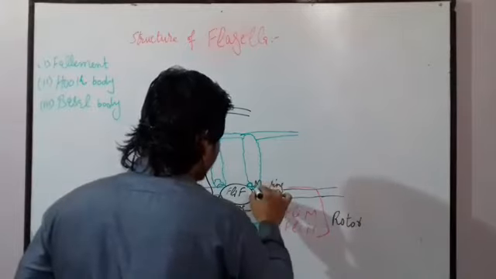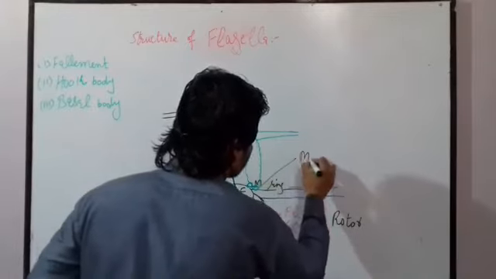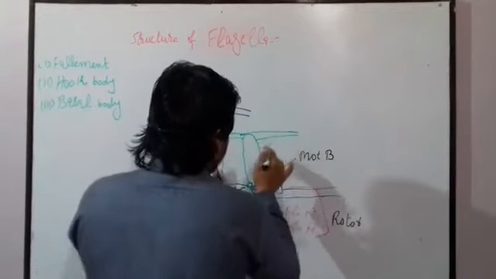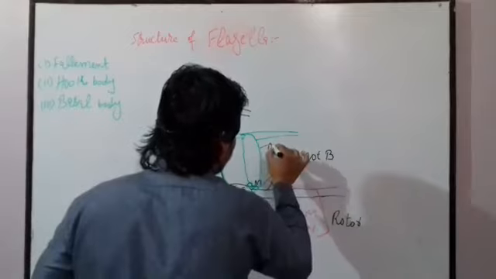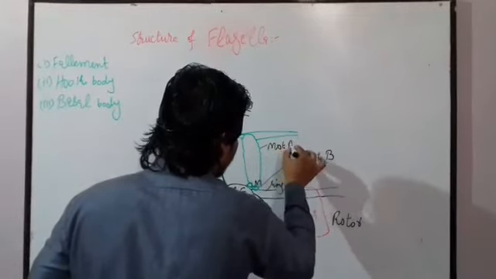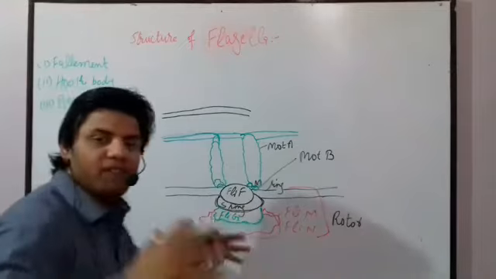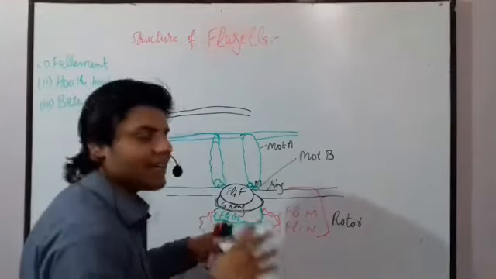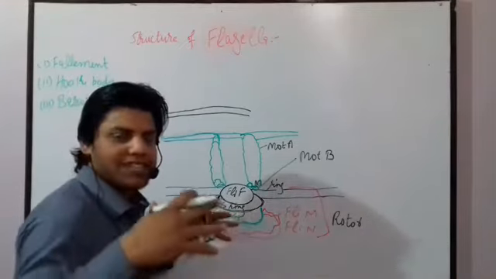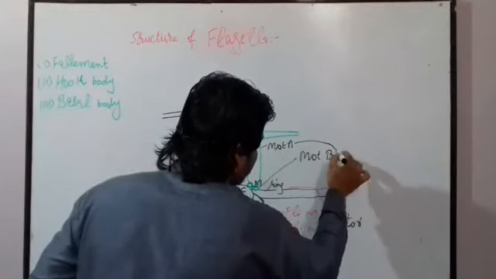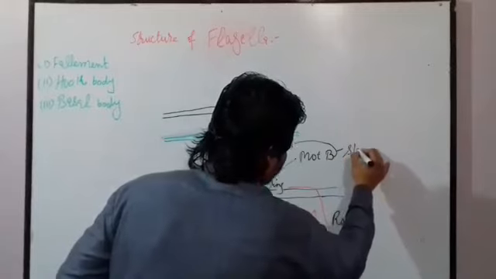This bottom area as I draw, we call MotB, and this elongated portion we call MotA. So these are the stationary areas, and they will be fixed. The second thing is that it is not in a motion form, it is in the stationary form. So we call this the stationary stator.